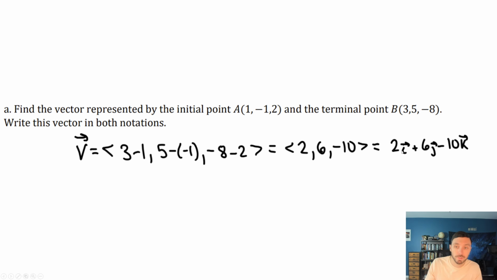So this would be like 2 times the vector 1, 0, 0, 6 times the vector 0, 1, 0, and then -10 times the vector 0, 0, 1. So you can either write it in vector bracket notation or standard basis vector notation. These mean the same thing.